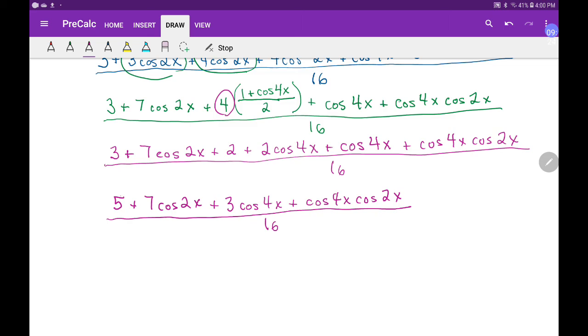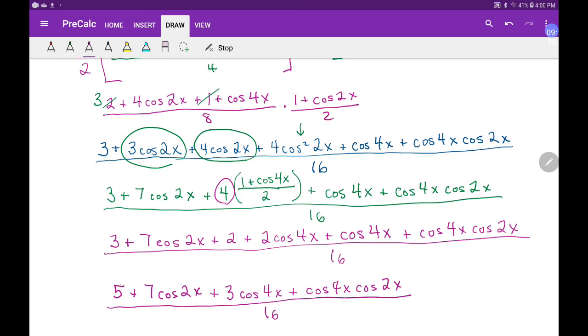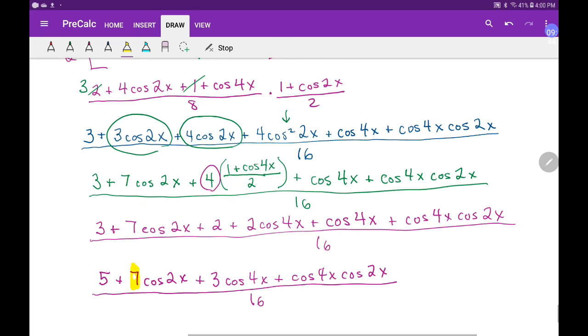I must have made one little mistake, but I'll try to find that in the notes. You've probably already spotted it. I just haven't yet. I'm not sure what I did, but I did something, and it involves this coefficient right here, and I will try to find out where that happened.